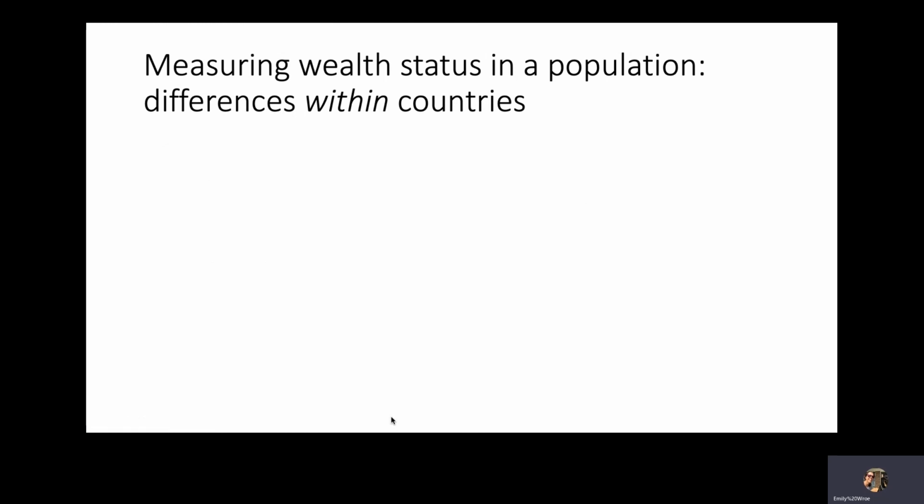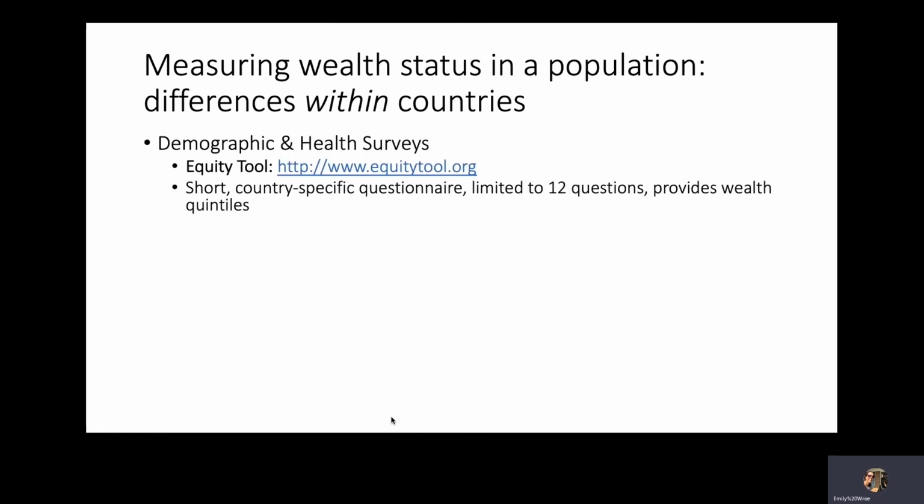A couple of things about equity. If we think about wealth status in a population and differences within a country, like where I was talking about Malawi, how do we measure wealth status across populations? I wanted to point you toward a few resources. There are Demographic and Health Surveys in pretty much all the countries where you are from.